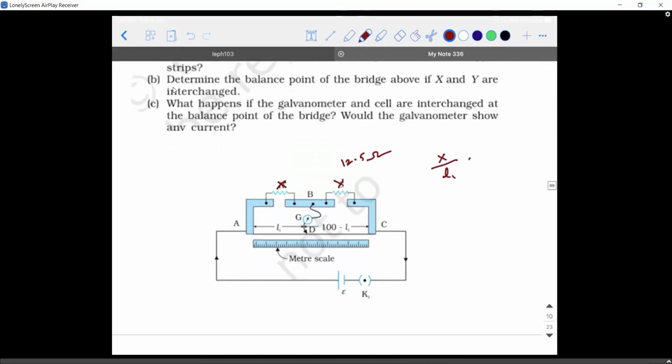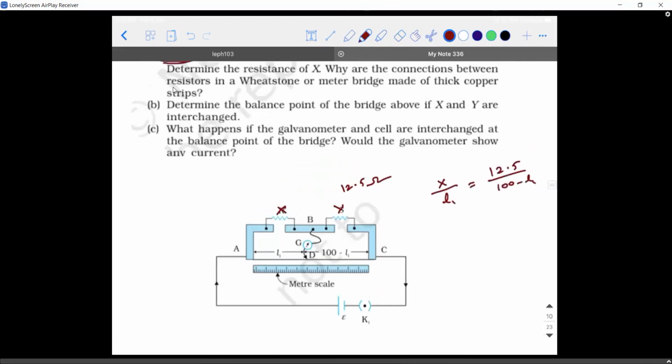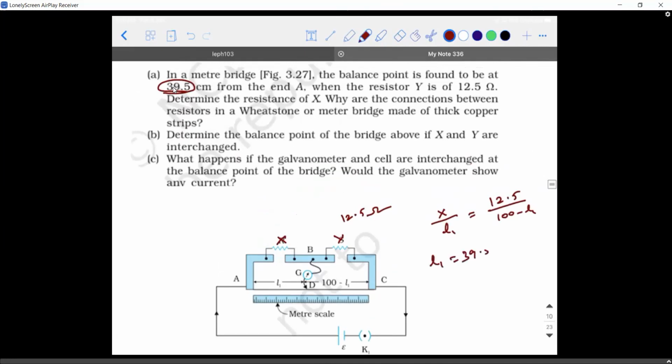X divided by L1 will be equal to 12.5 divided by 100 minus L1. According to this problem, what is the value of L1? 39.5 centimeter. Take this and substitute it here. So X is equal to 12.5 divided by 100 minus 39.5, which is 61.5, correct?